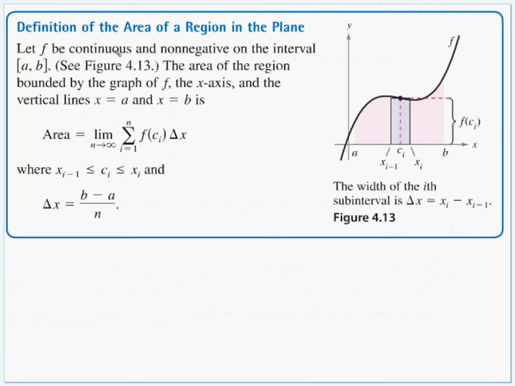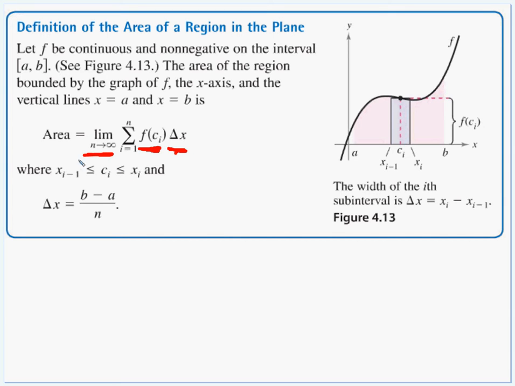And here's that definition. So let f be some continuous non-negative function on the interval from a to b. The area of the region bounded by the graph of the function, the x-axis, and the vertical lines x equals a and x equals b is equal to the limit as we let n go to infinitely large, or infinitely many rectangles, the summation from i equals 1 to n, f of c sub i, that's our height, times delta x, the base, where x sub i minus 1 is less than or equal to c sub i is less than or equal to x sub i.